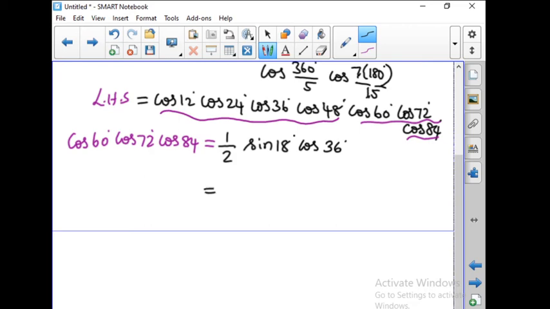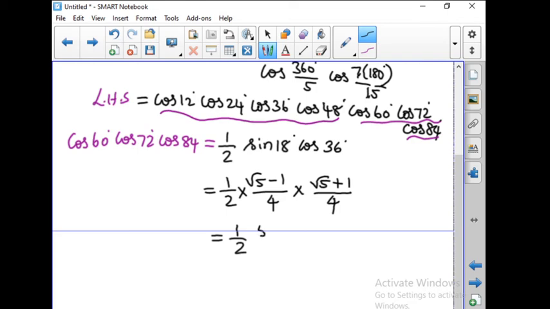Now we can substitute 1 by 2. This is root 5 minus 1 divided by 4. In the previous exercise we have got the answer for sin 18 and cos 36. This is root 5 plus 1 divided by 4. So your answer is 1 by 2, root 5 plus 1 into root 5 minus 1, it is in the form of a plus b into a minus b.